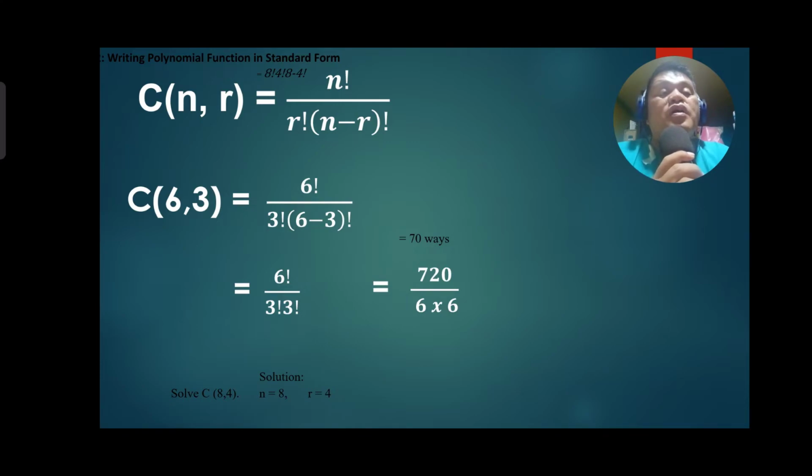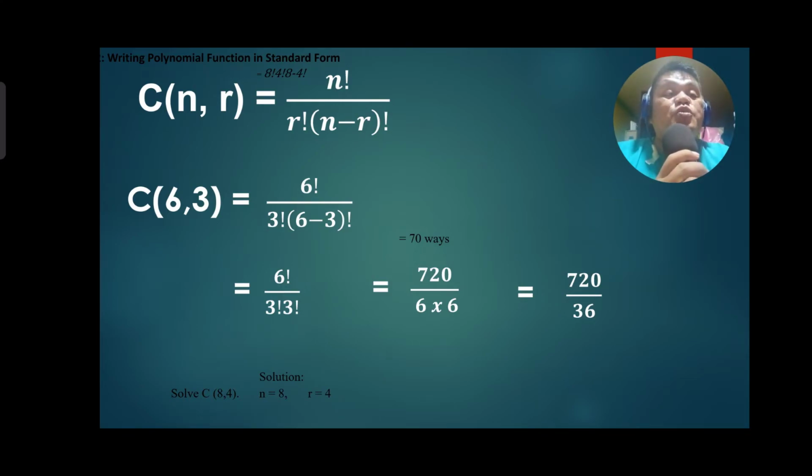So we have 6 factorial is equal to 720. That is 6 times 5 times 4 times 3 times 2 times 1. Using your calculator, we have 720 over 3 factorial, which is 6, times 3 factorial, which is 6, so 720 over 6 times 6, which is 36.